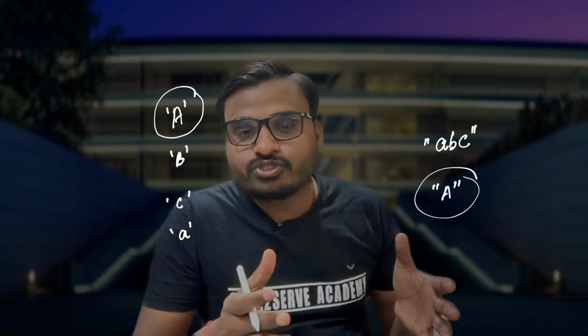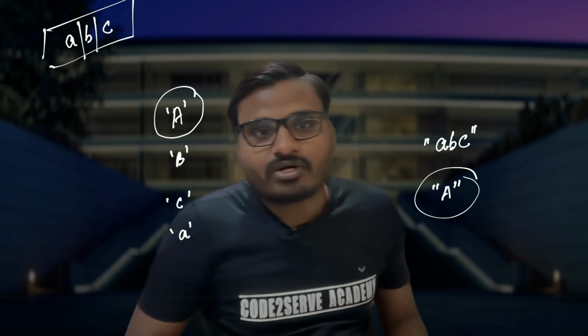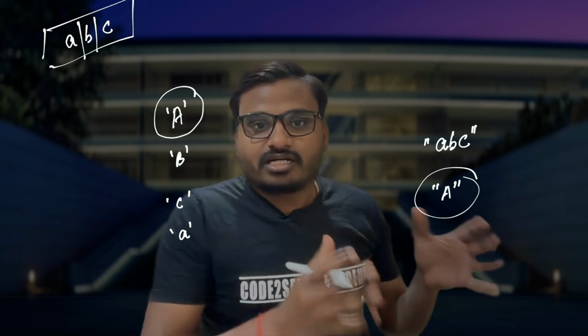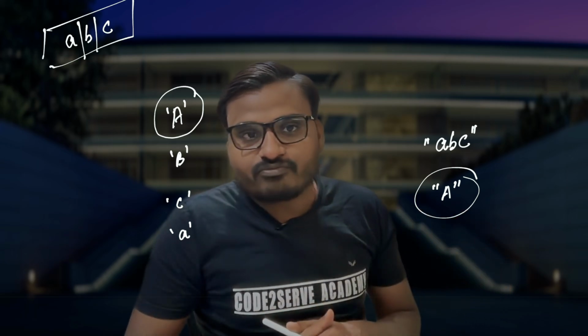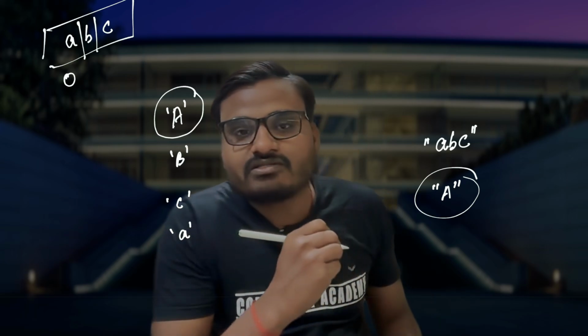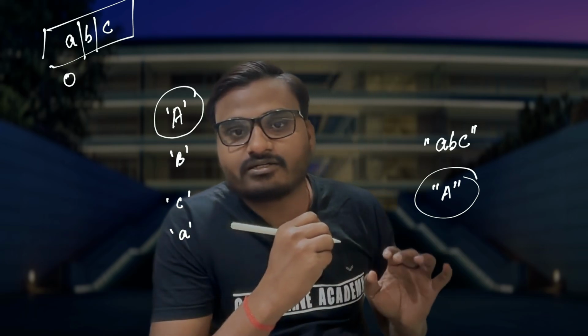Okay, now let us see how we can refer to the locations or positions inside strings. Suppose we have A, B, C. We have already learned about arrays, so similar to that, we can get the concept in strings as well. In a string, if I say index 0, that means it points to the first character.